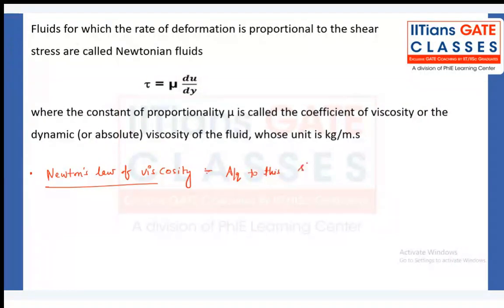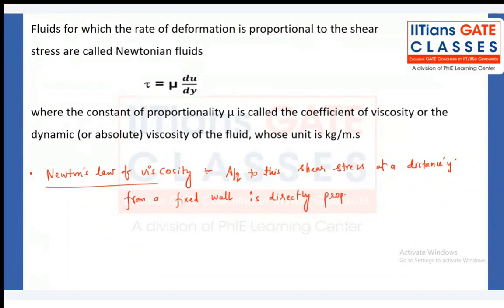According to this, shear stress at a distance y from a fixed wall is directly proportional to the rate of angular deformation.